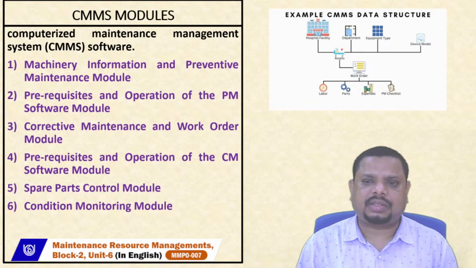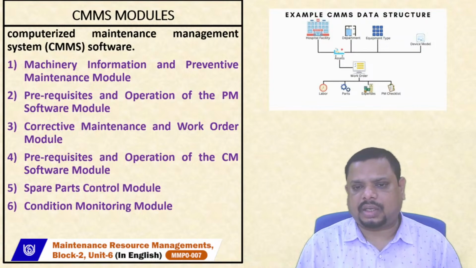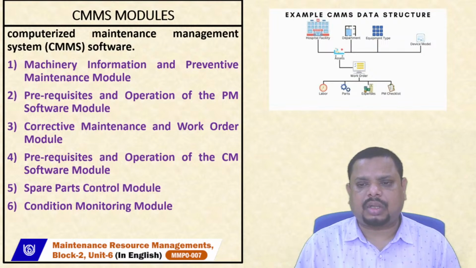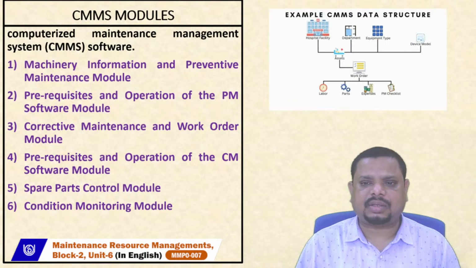All these things are connected to the asset. So who provides the asset? Most of the patients are the asset, and here the patient will provide the work order. That means under the work order they will go for labor, parts, expenses, and the preventive maintenance checklist.